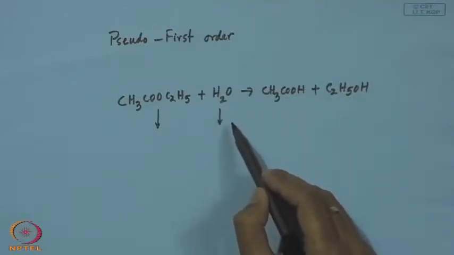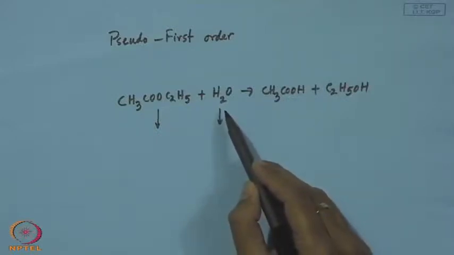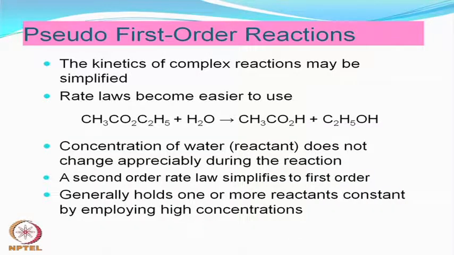That means, since the water concentration, that is one of the reactants, is kept at a high value, virtually it does not change appreciably. So, in that case a second order rate law may be simplified, and this will reduce to first order kinetics.